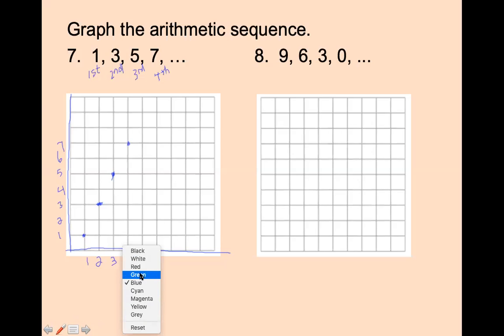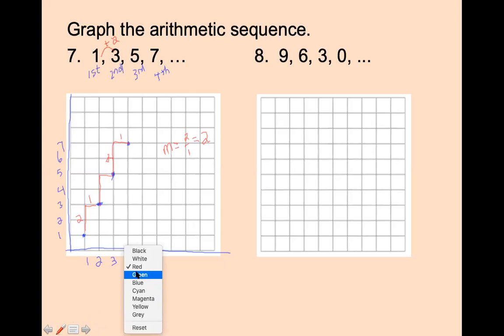So if I notice, my slope here is, I have a rise of 2 and a run of 1. So this slope here, if you notice, your slope is 2 over 1, or just 2. And that is also the common difference between these terms. So that will help you double check you've done it correctly.